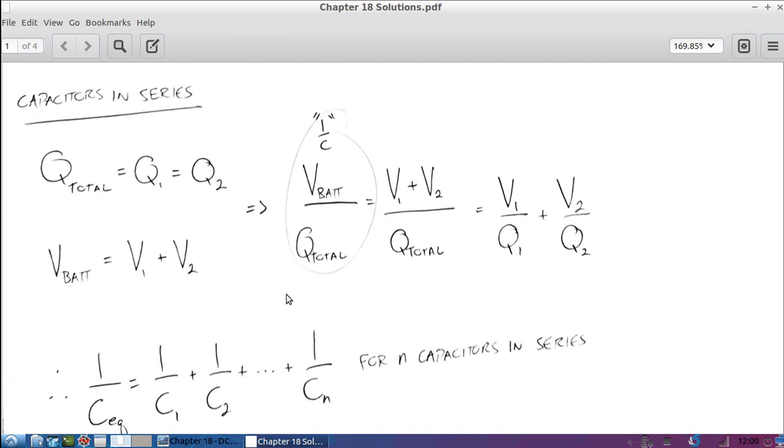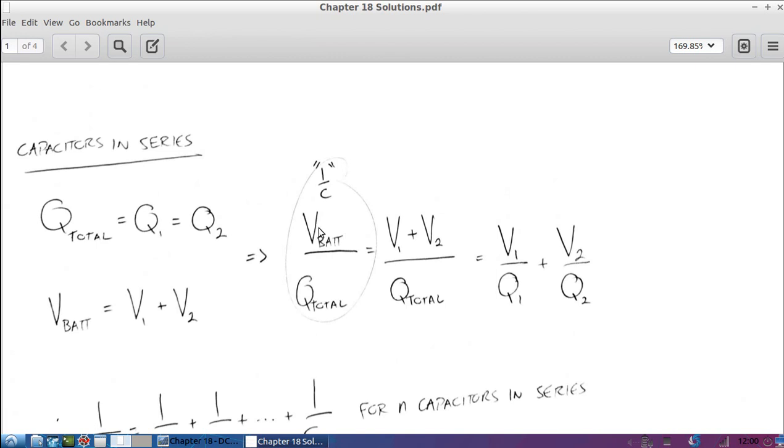So the easiest thing for me to do is to write an expression that is the voltage of the battery divided by the total charge. And the reason we do that is it's easier to split these fractions up like I did in the previous step.